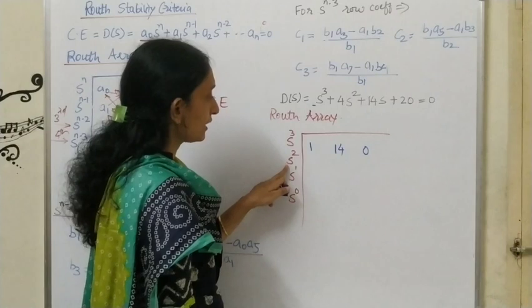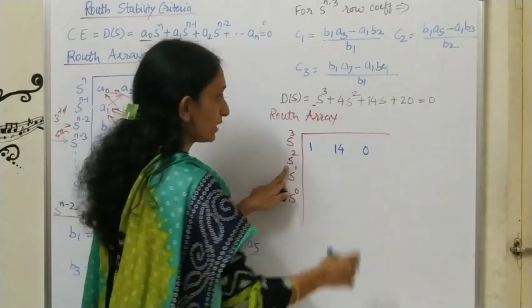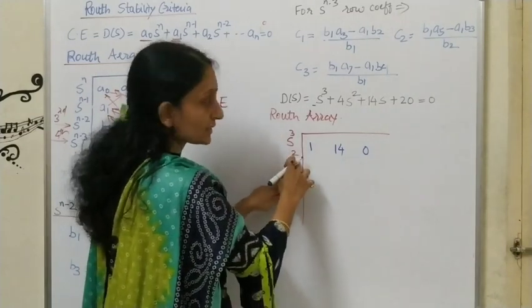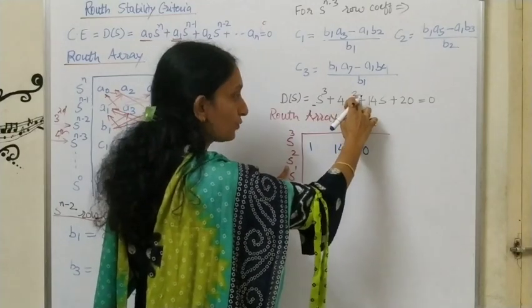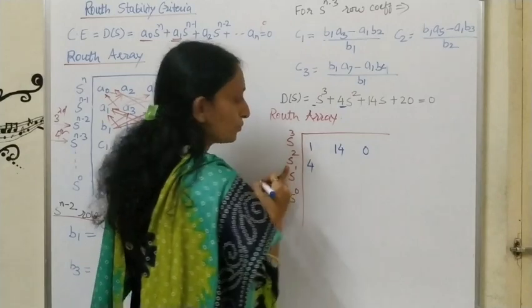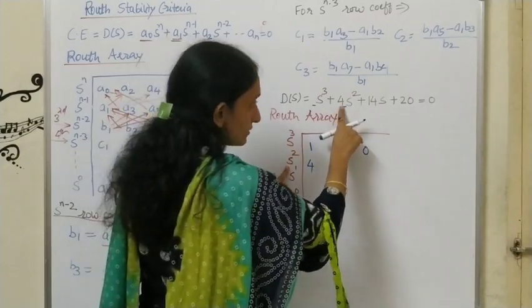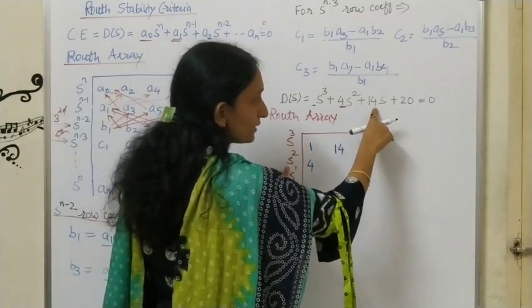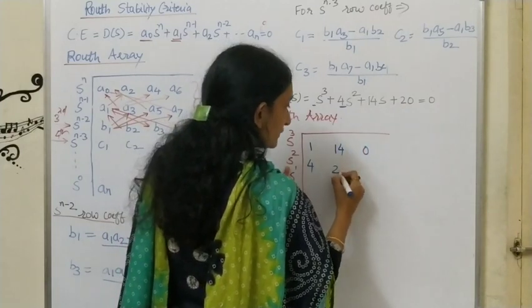Then come to the second row. We need to obtain the coefficient of s square, which is 4. So I put here 4. After 4 I skip one term, so I put here 20.